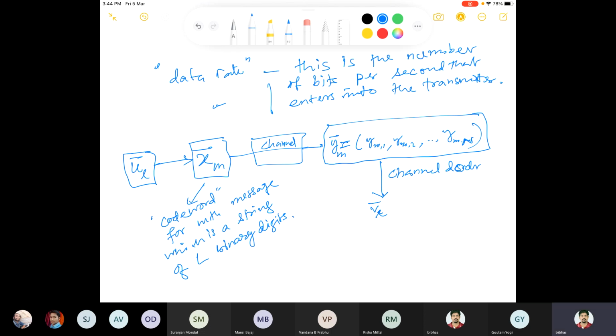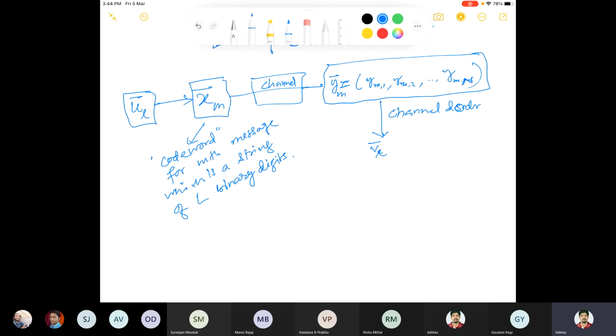Now, when do we say there is an error? In fact, we'll say there is a block decoding error.